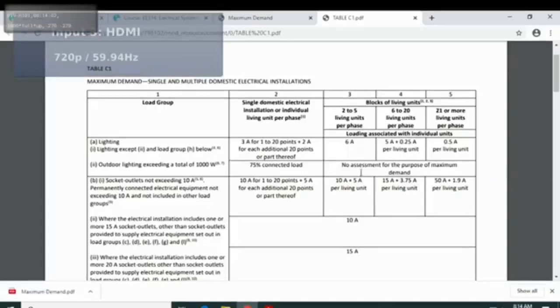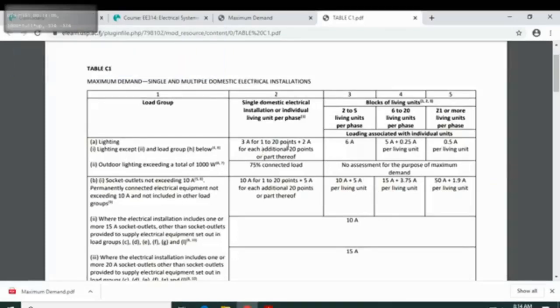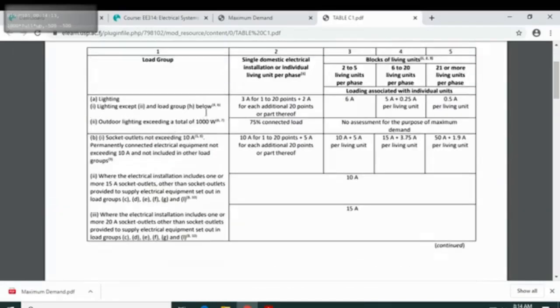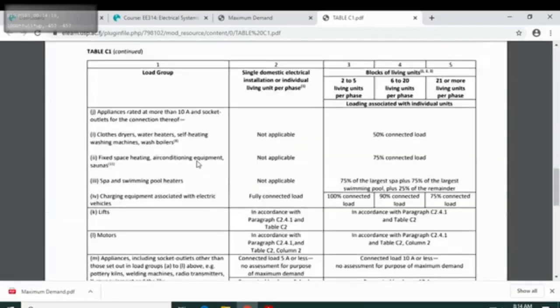Now for 24 lighting points, let's just go back to the table. Now let's go and read these notes 4 and 6.